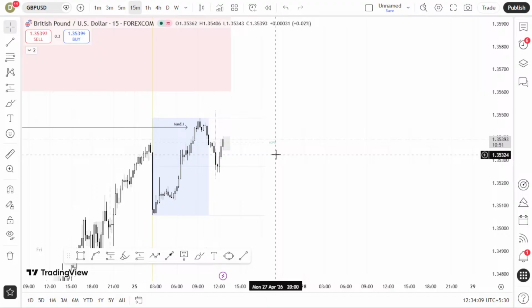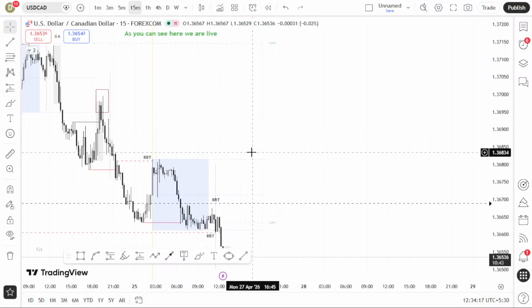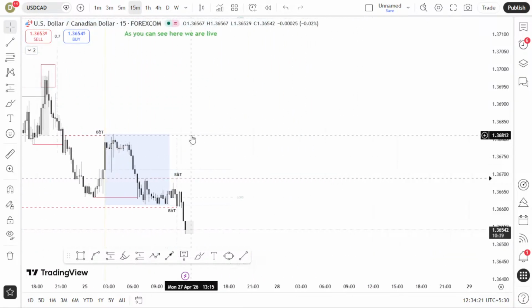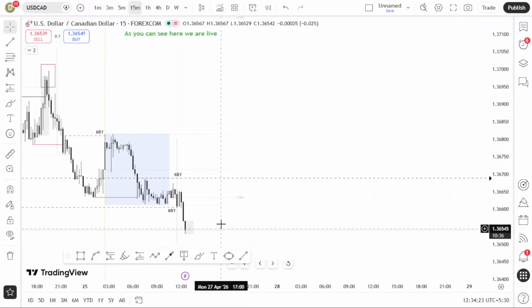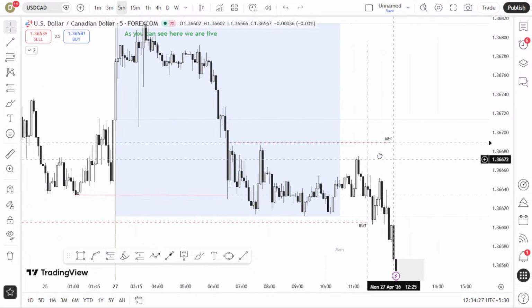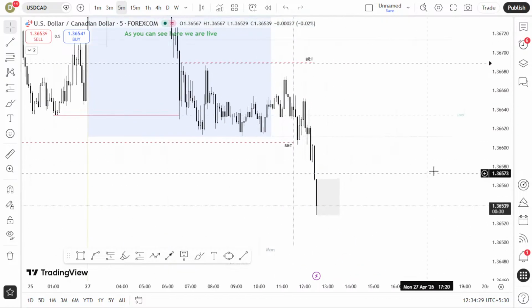It would be a counter trend trade to buy off this area. I don't think we should be looking at GBP USD today. As I said before, USD CAD would be the best option to sell. We find it clean and neat.